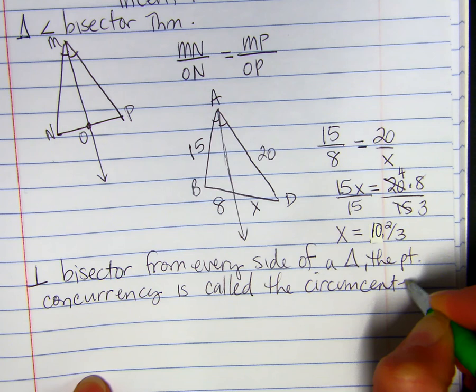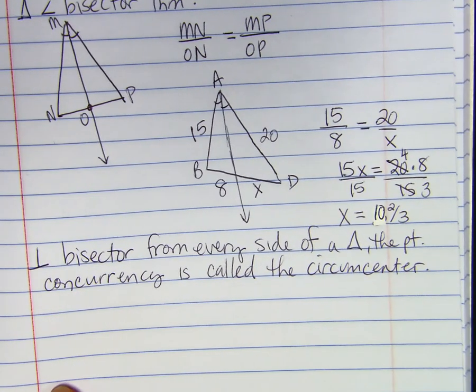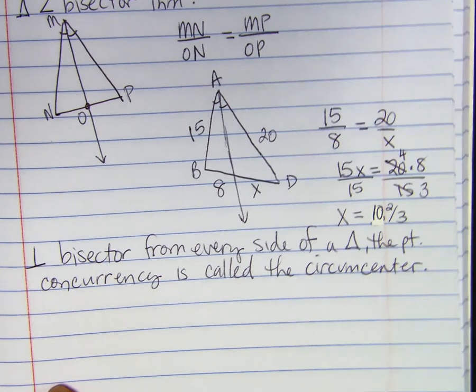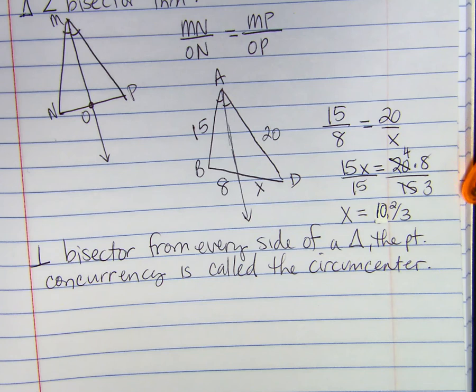When you draw the perpendicular bisector from every side, it won't necessarily go through the vertex. In fact, most of the time I don't think it does.